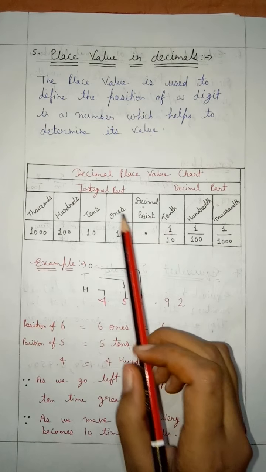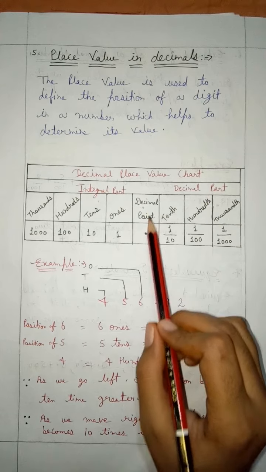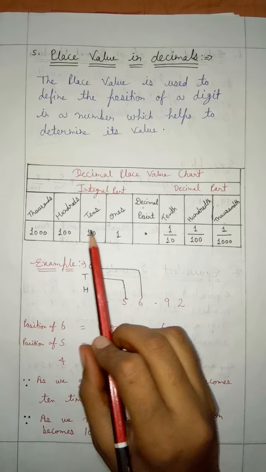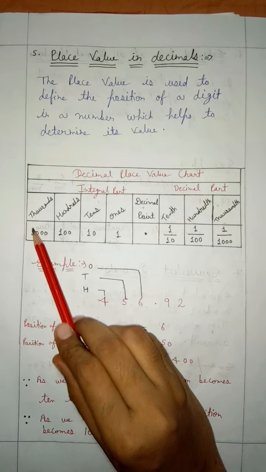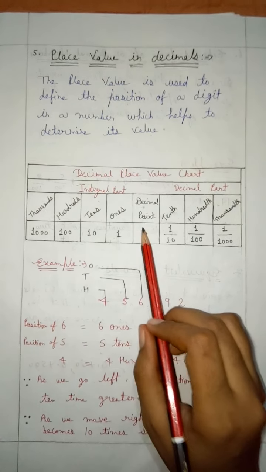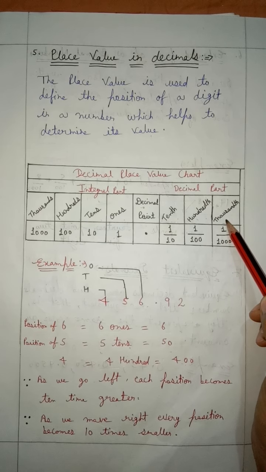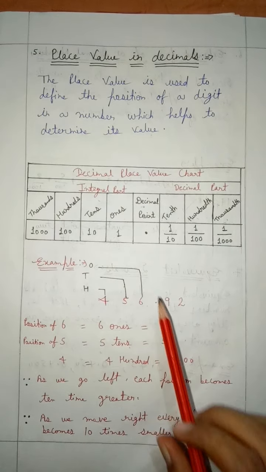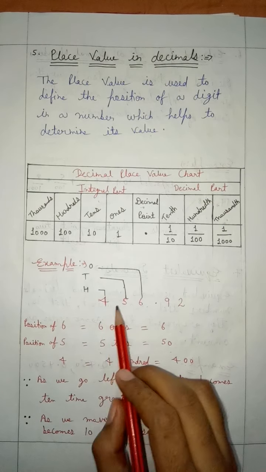I told you what the integral part and the decimal part are. Before the decimal point, on the left side, are the ones, tens, hundreds or thousands places, and on the right side of the decimal are tenths, hundredths or thousandths. You will learn better from the example. Here the example is given.